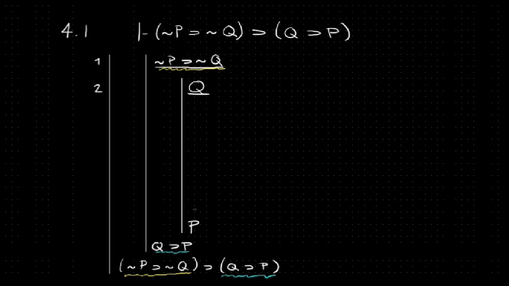So again, I'll draw in everything that I know I'm going to need if I'm doing an indirect proof. The first thing is that it's going to end with not P being turned into P, and it's going to start with another subproof.